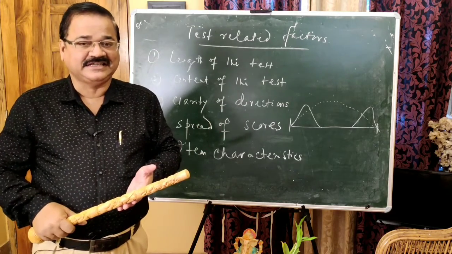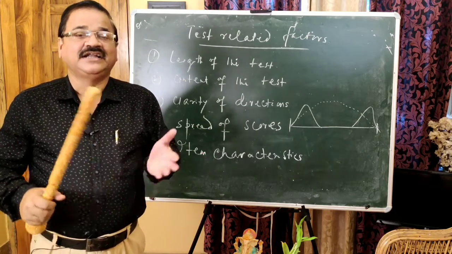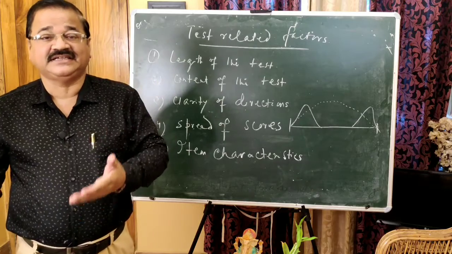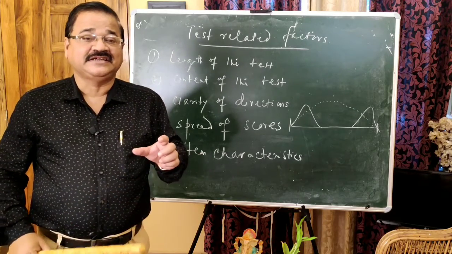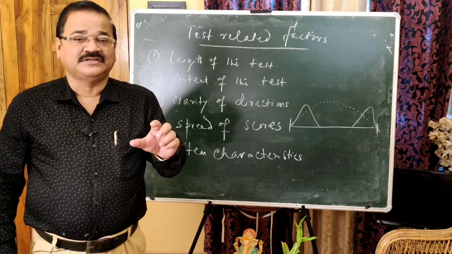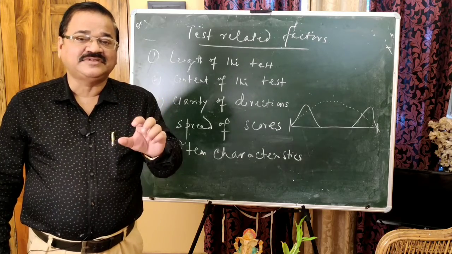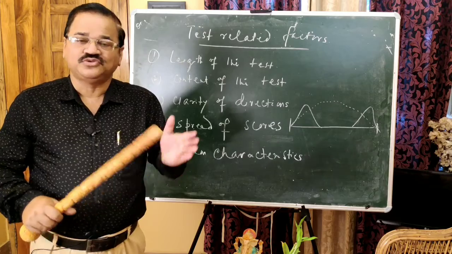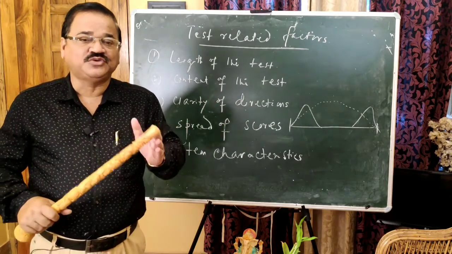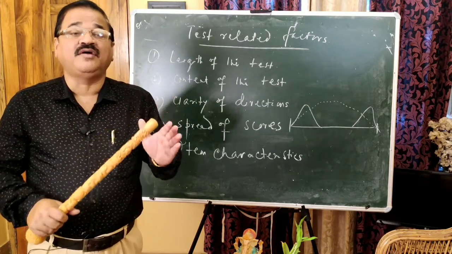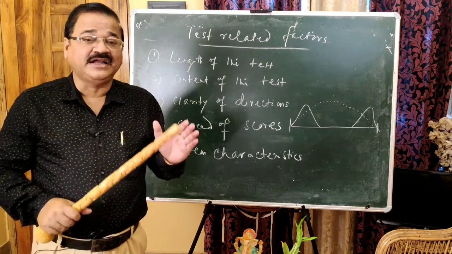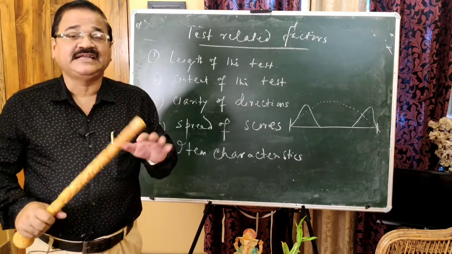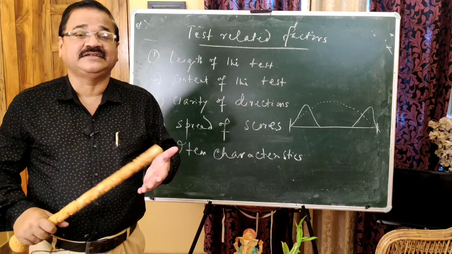Shorter the test, lesser is its reliability. The test should include as many items as required. It should not be too short, it should not be too lengthy, but it should incorporate a good number of items to measure each component that is desired, that is intended.